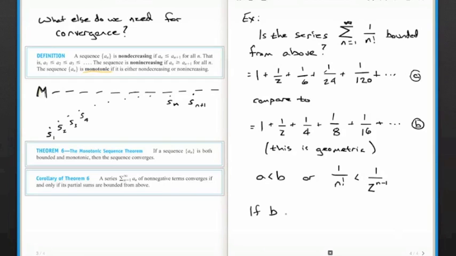If B is bounded from above, then A is also bounded.